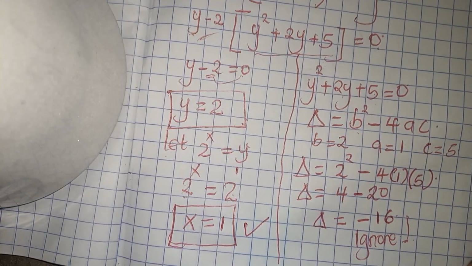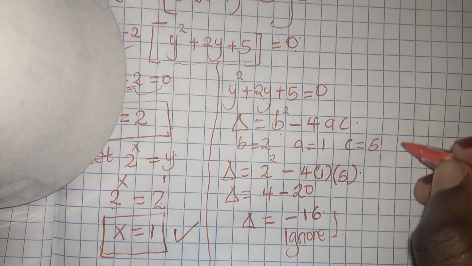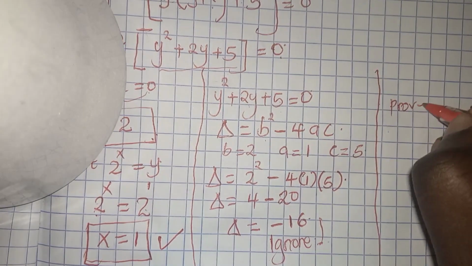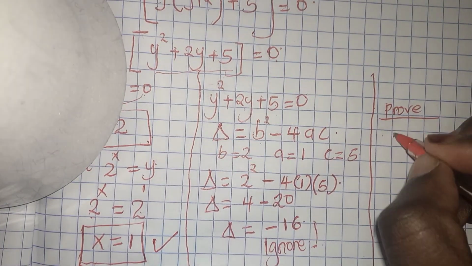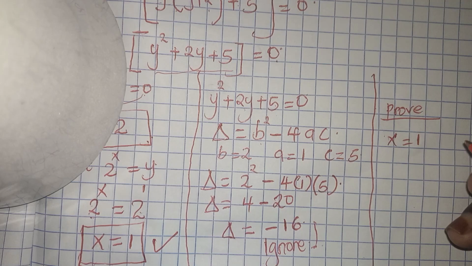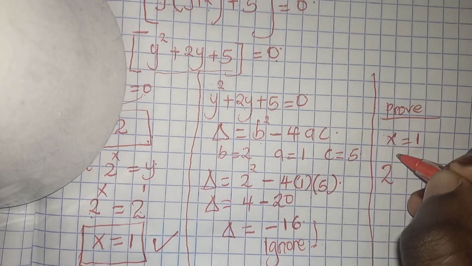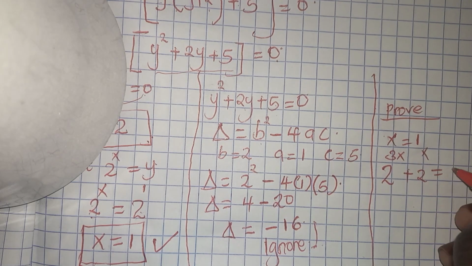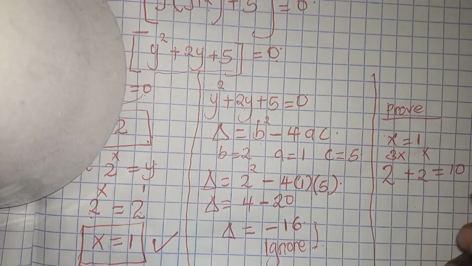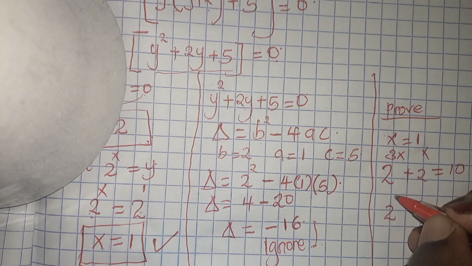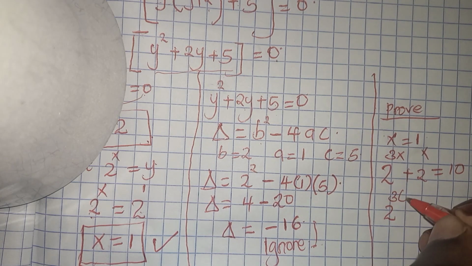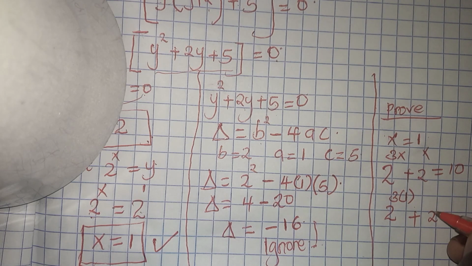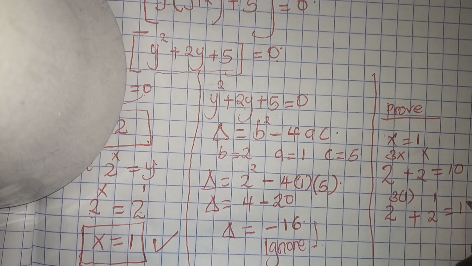So let us prove from our equation. So this is our proof. We have the value of x as 1. So from our equation, 2 to the power of 3x plus 2 to the power of x is equal to 10. We have our x as 1, so 2 to the power of 3, x is 1, plus 2 to the power of x, which is 1, is equal to 10.